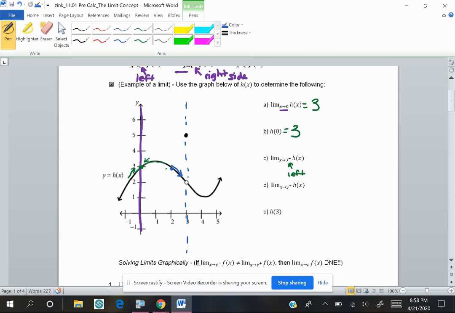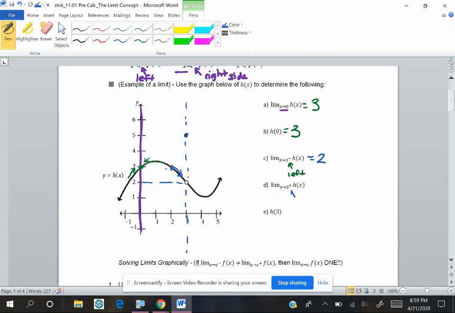We can get infinitely close to that hole, but we're never going to touch it. Actually, in this graph, at x equals 3, we hop up to this solid point right here, which is at a 5. But limits just mean what am I getting infinitely close to? I'm getting infinitely close to a y value of 2. So from the left side, my limit will be 2.